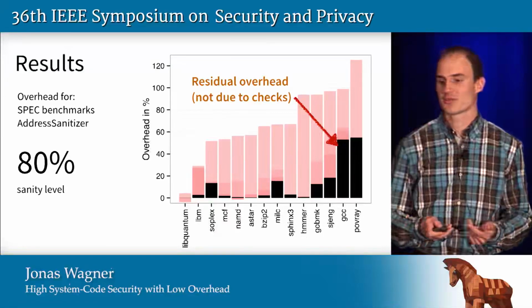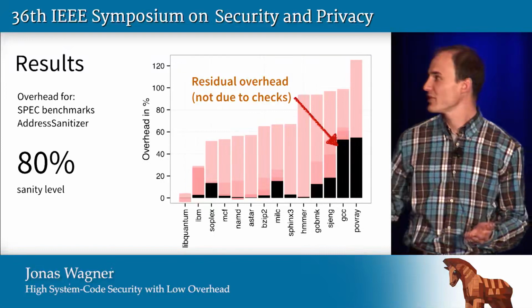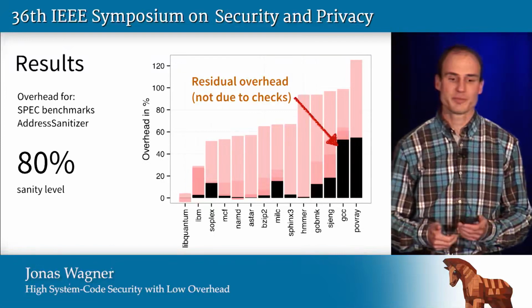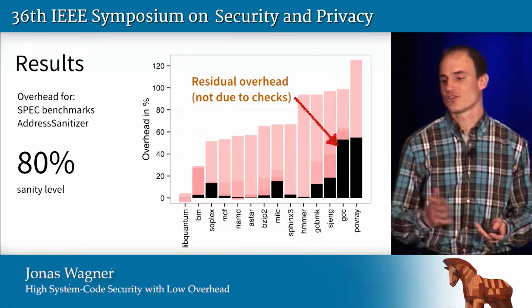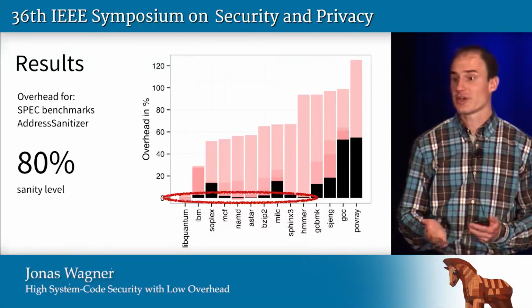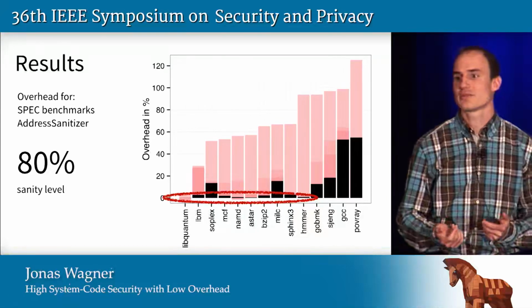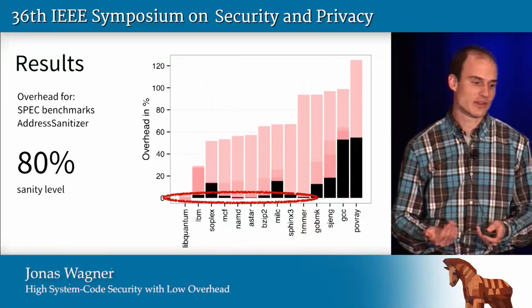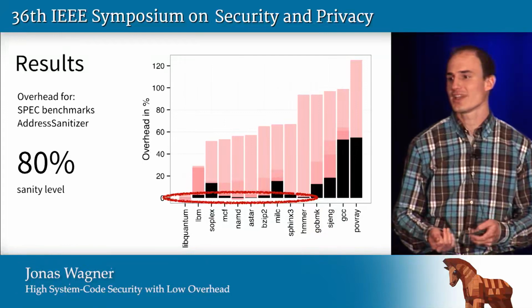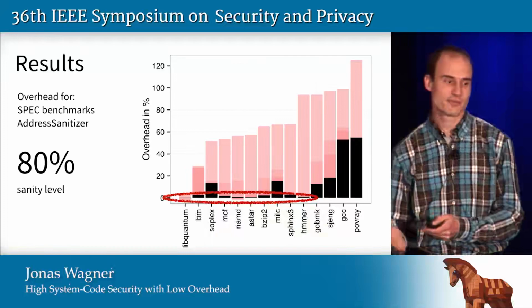AddressSanitizer was not built with ASAP in mind, so we think that some of these causes for residual overhead could be addressed with future instrumentation tools. For the other benchmarks, the overheads are now well within a range that people would be willing to pay during production. So we can conclude that ASAP effectively provides high protection at low overhead.